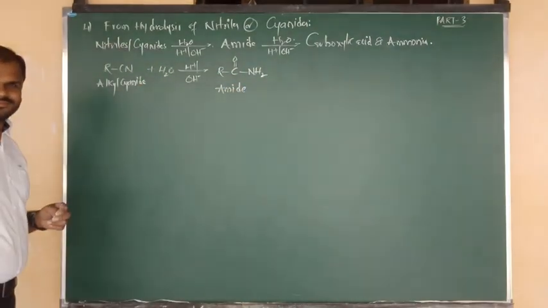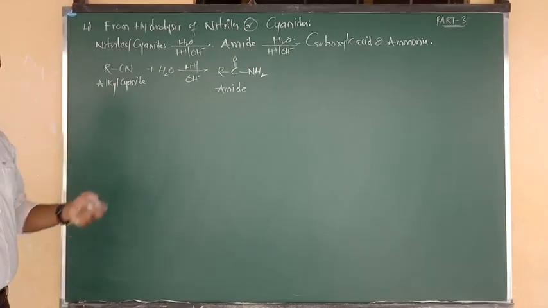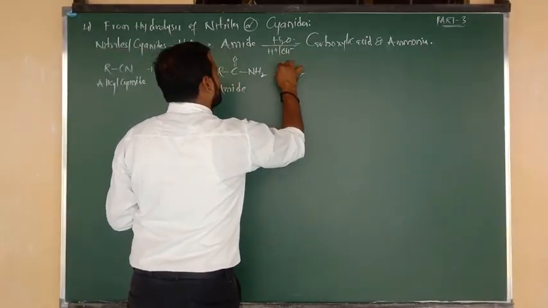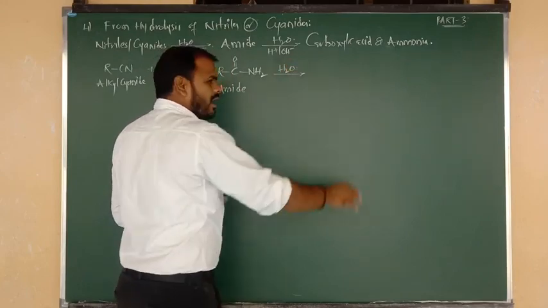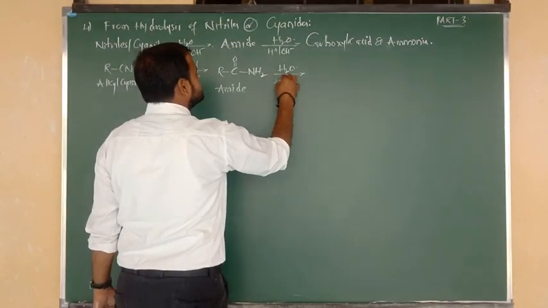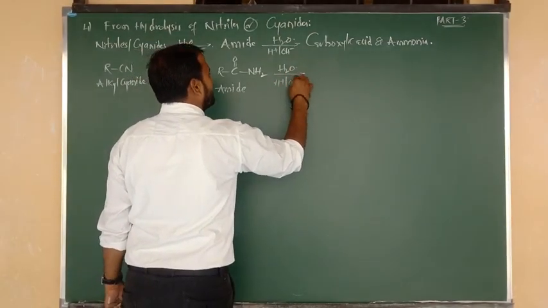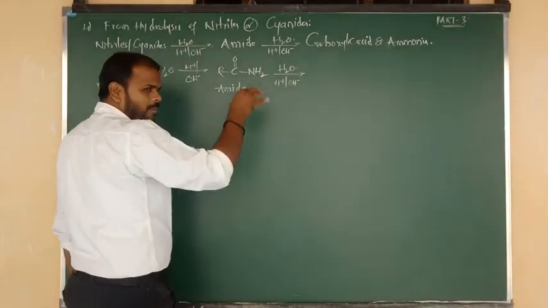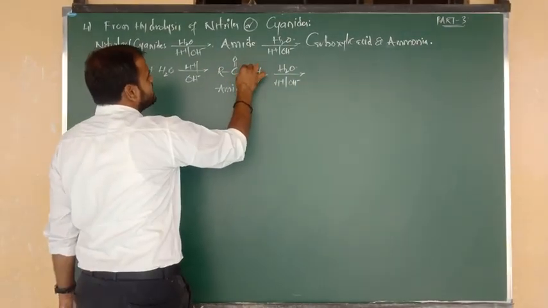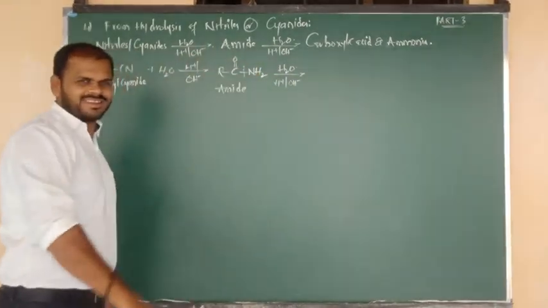Followed by this, the amide further undergoes hydrolysis with another mole of water in the same acidic or basic medium. Upon hydrolysis, bond cleavage takes place between carbon and nitrogen in the amide.